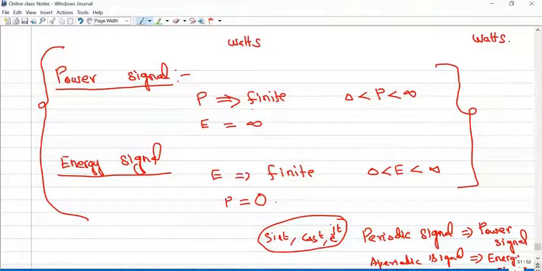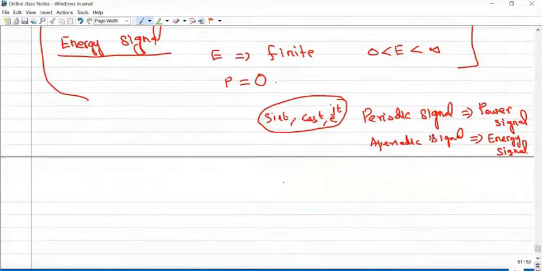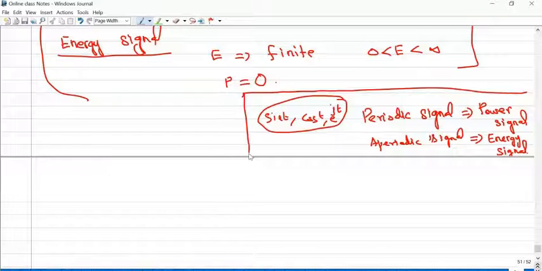Power of the signal will be finite, energy of the signal is infinite after applying the formula. So this is a simple clue for you, but anyway, you have to go ahead with the formula. Aperiodic signal, suppose an exponential signal e power minus t, or e power minus t u of t plus 10, like that. So this signal most probably will be the energy signal.